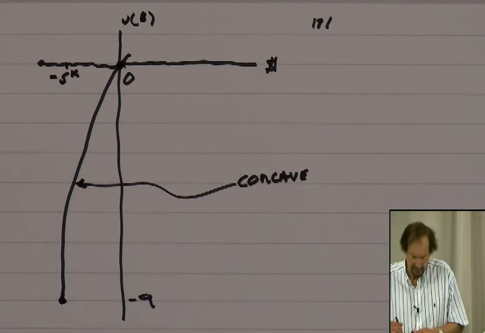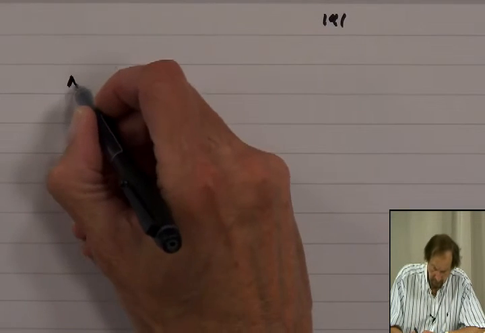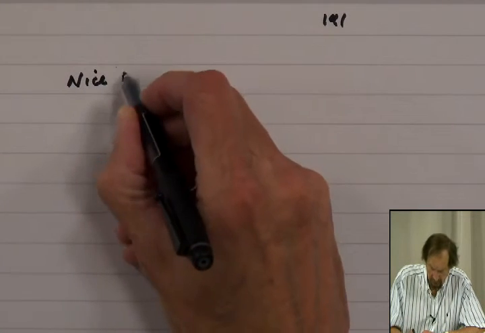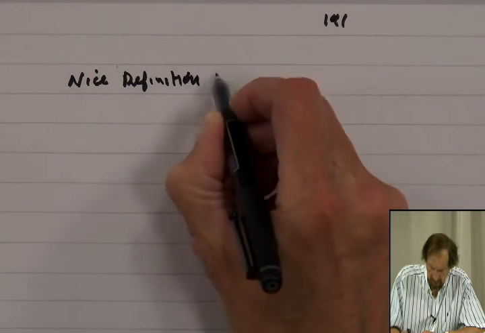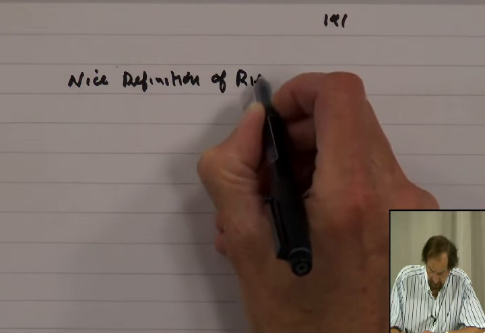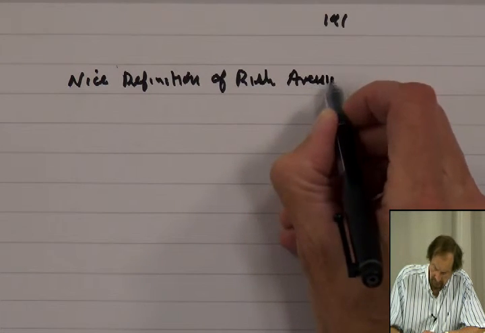Wait, we have a second. Let's talk about one other thing, if we have it. Another way to talk about risk aversion, another nice definition of risk aversion is the following.